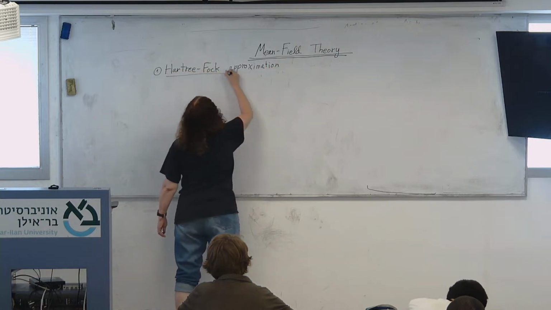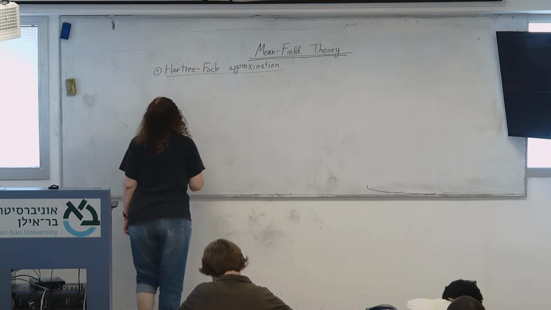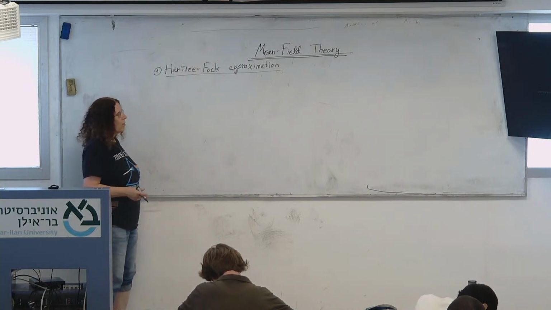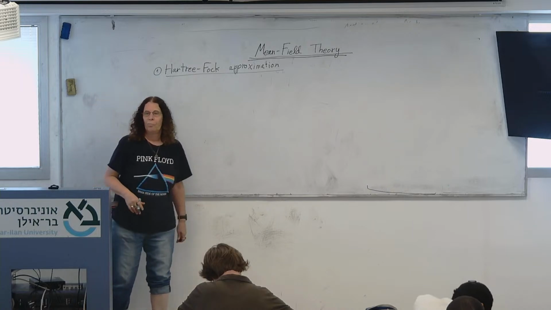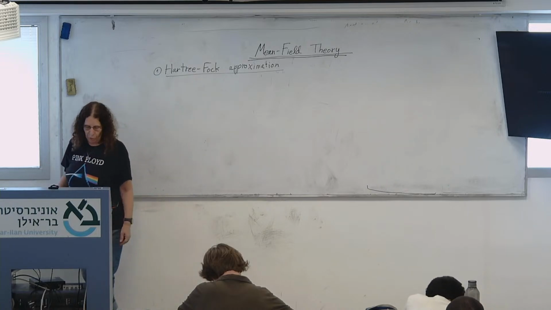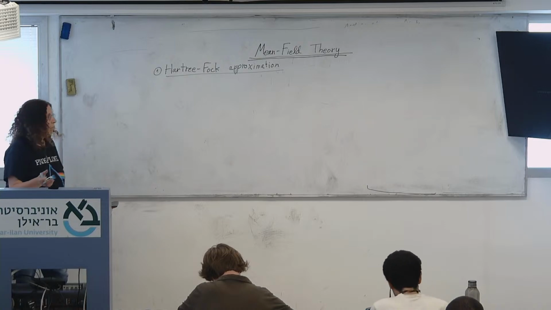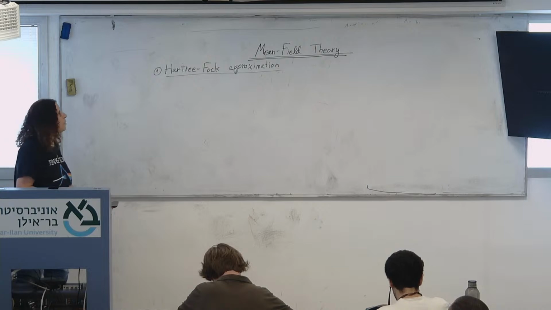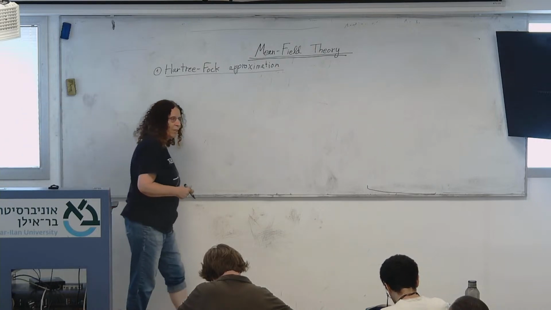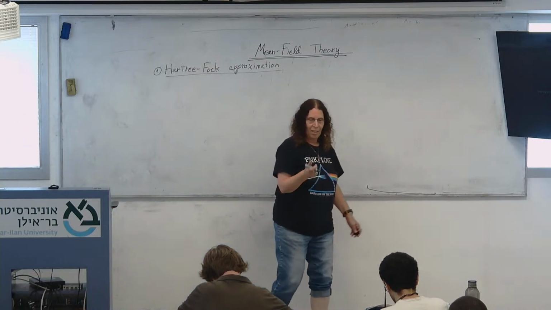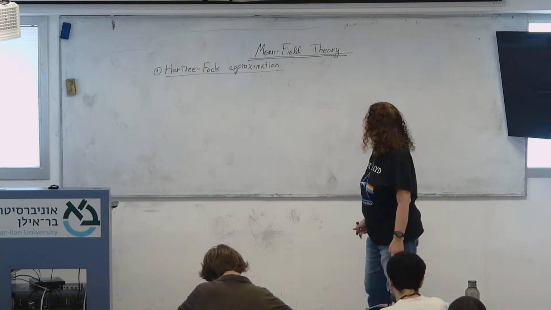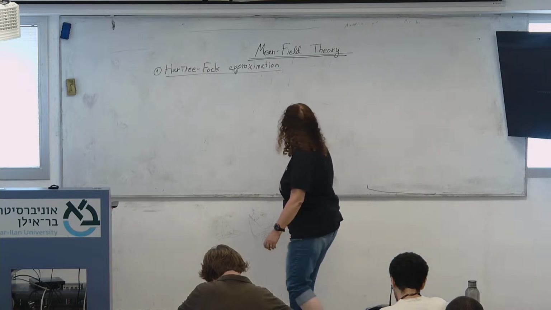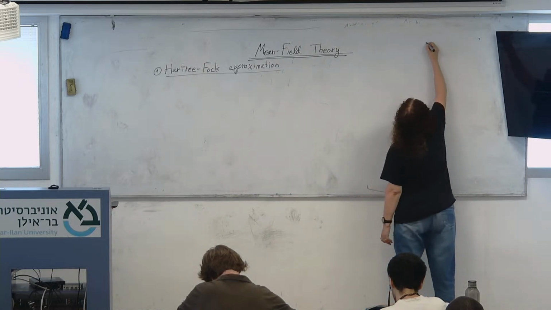Okay, so I'm focusing on fermions throughout the lecture, but of course everything can be generalized to bosons, except there is this zeta that takes the value +1 for bosons and -1 for fermions. So I'm just writing it here for a reminder.